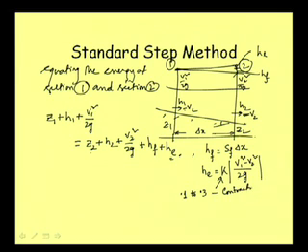If the channel is contracting in the downstream direction, that is like this, flow is going like that, then we can use a value between 0.1 to 0.3. Of course, whether it should be 0.1 or 0.3 will depend on your experience, but anyway we can take it in between.